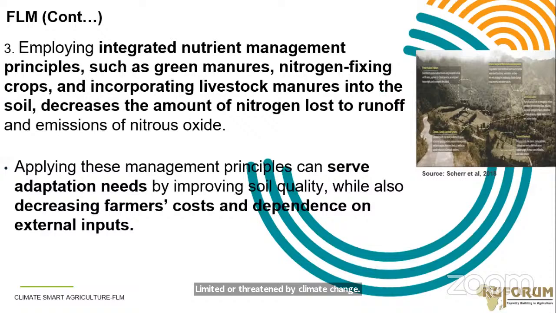Another one is employing integrated nutrient management principles, such as use of green manure, planting nitrogen fixing crops, and incorporating livestock manure into the soil.